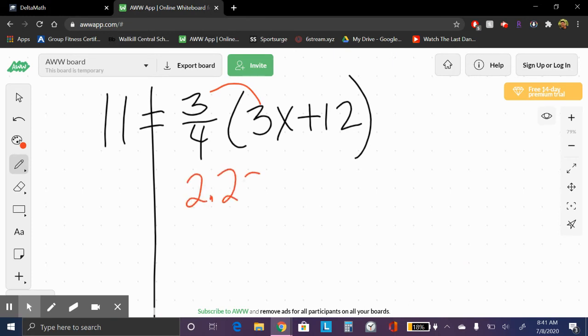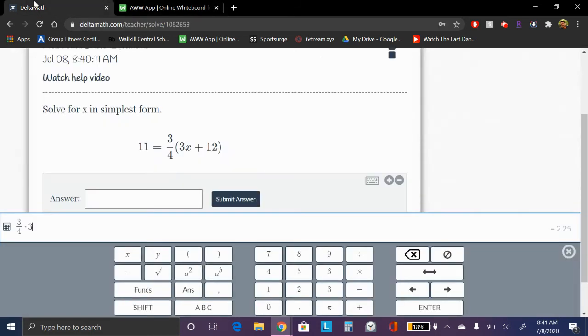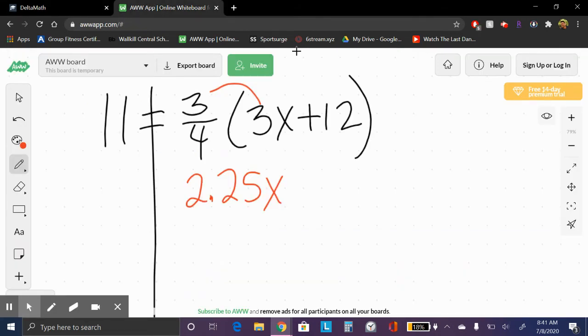Which is okay. We get the decimal. If you got an ugly decimal, then we would have to do something else. Plus 3/4 times 12. So I'm just going to do that with 12, and you get 9. So when I multiply this by 12, I get 9.